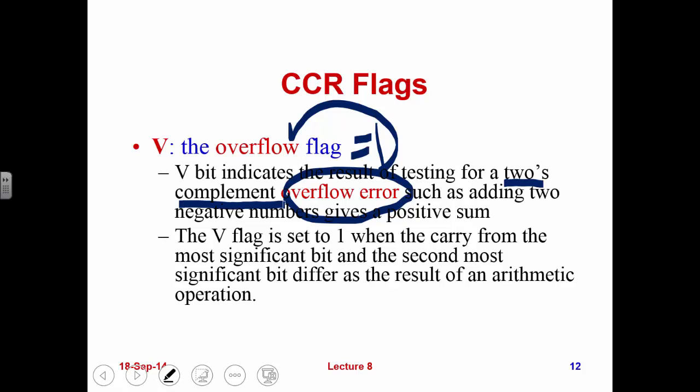Arithmetically, overflow happened. Overflow error. That's going to make V 1. Or sometimes you add two negative numbers and it gives you a positive number. The result should be a negative number, but if the result is positive, that also causes overflow error.